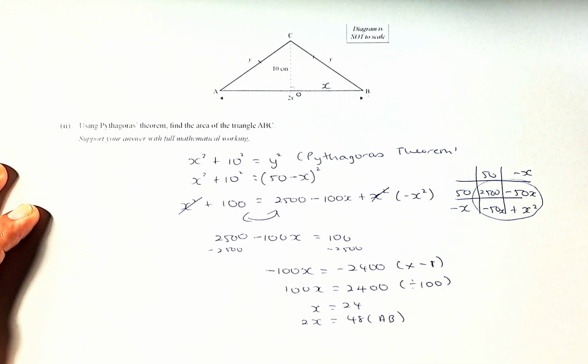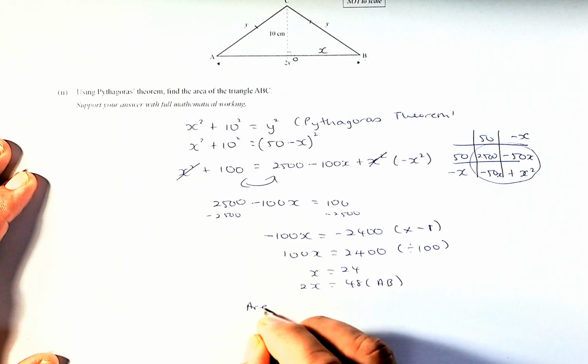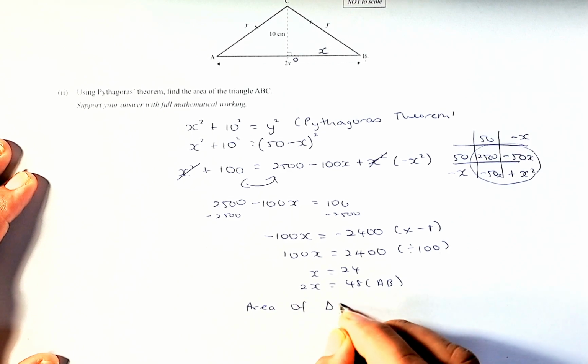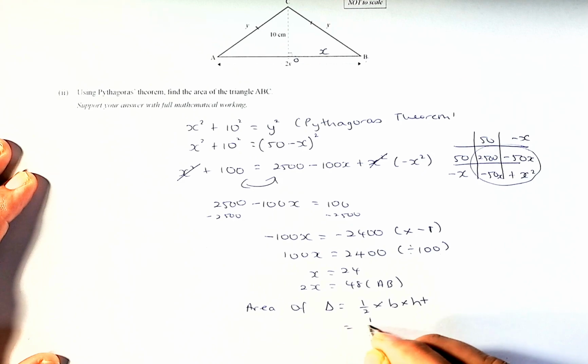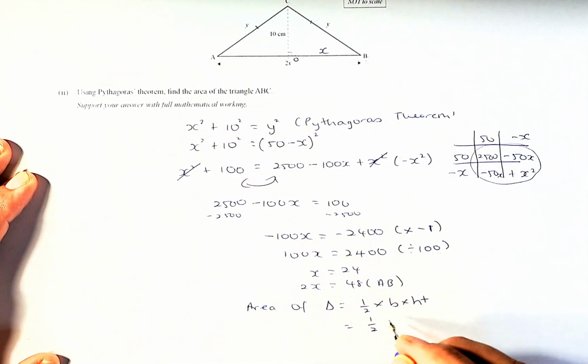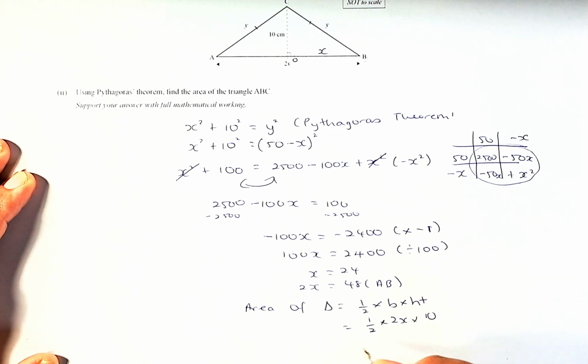So to calculate the area, it's straightforward. I'm going to bring it up again. The area of a triangle is going to be half times base times height. Your base, as I said before, is going to be AB, which is 2x, and then your height is going to be 10. Then you calculate, the 2 and 2 will cancel out.